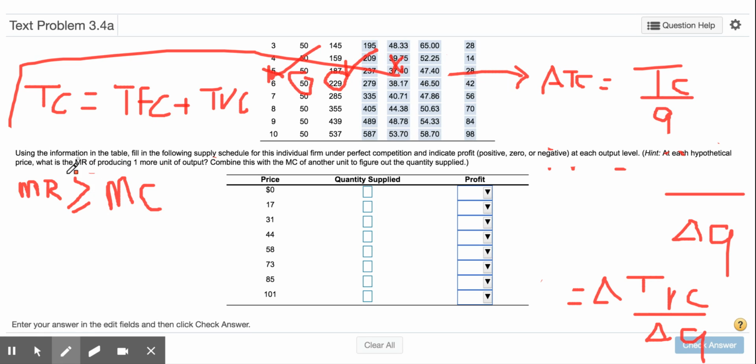So in this case, let's read the question. We assume that we have perfect competition. Remember that in perfect competition, firms are price takers. They don't determine prices. They take prices as given, and therefore marginal revenue is equal to the price.